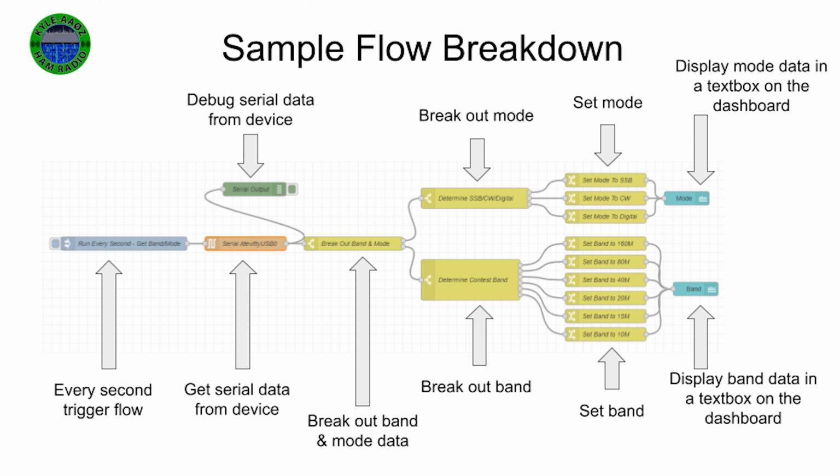It's going to say, is my mode SSB, CW, or digital? And if it is, it's going to break it out to SSB, CW, and digital, and then it's going to display the mode in, looks like that's a text box in the dashboard. Same down here.